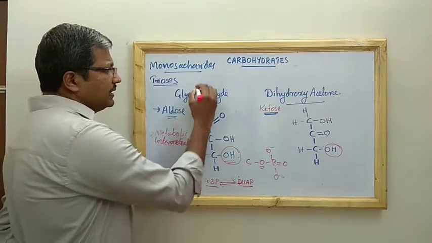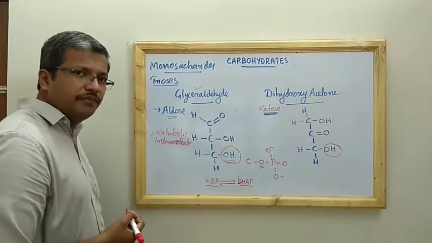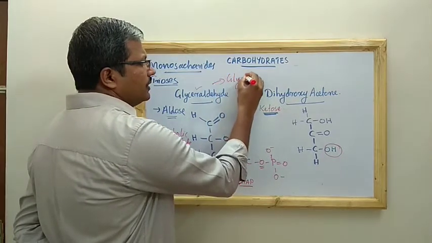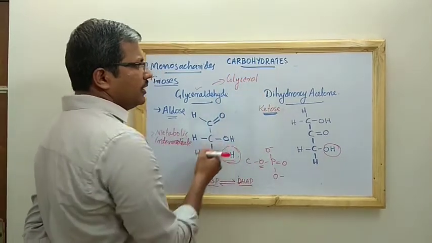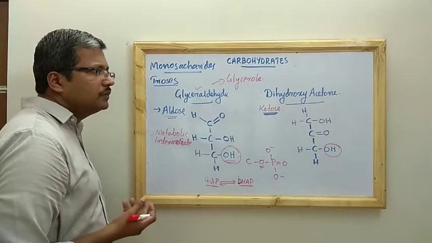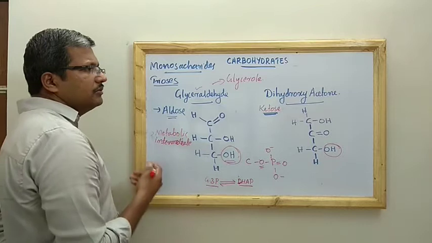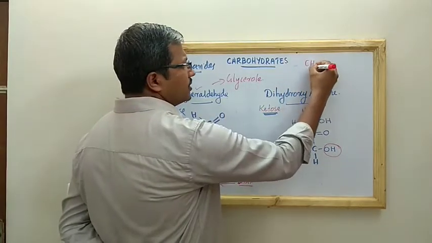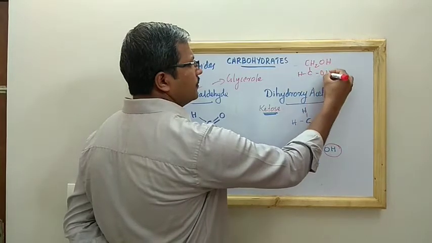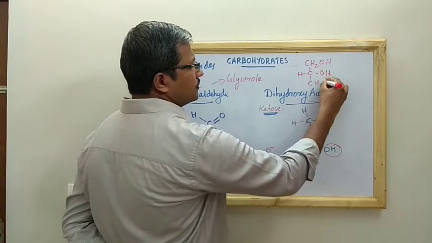Now we can see that glyceraldehyde can form glycerol. So glycerol is formed from glyceraldehyde, or glycerol can be converted into glyceraldehyde. How? Glycerol is nothing but CH2OH, CHOH, CH2OH.